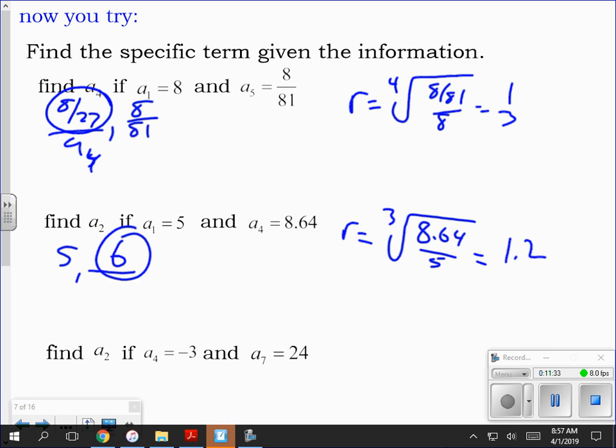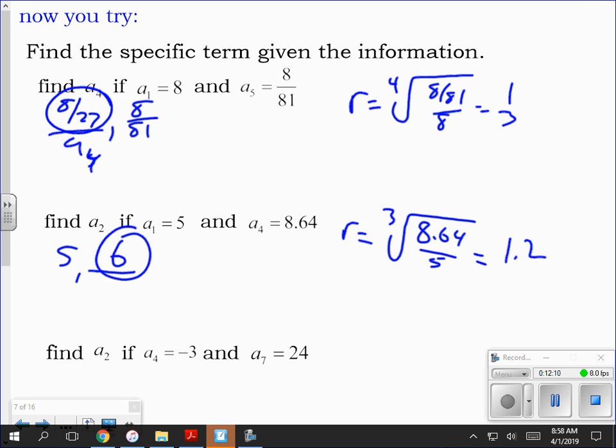So I type in 3, and then I do my cube root key, and then I hit parentheses, 8.64 divided by 5, end parentheses, and then on mine it's execute, but it could be equals or whatever. So that's exactly what I do. So yeah, I just do cube root, fourth root, fifth root, whatever, and then I put in parentheses whatever I have in there. If it's a fraction, I'll do parentheses this divided by that one, end parentheses, and then it will do it for me.